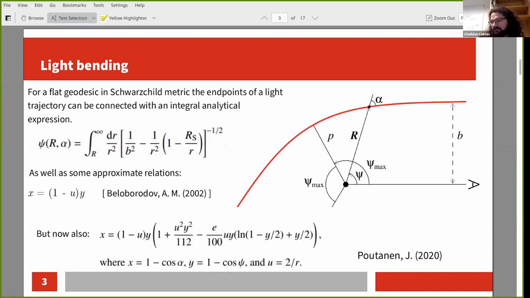At this point, some approximations can be used, such as the well-known, widely used Beloborodov approximation. But also, in recent work of Juri Poutanen since last year, we have an even better approximation for light bending that gives very high precision for a wide range of angles.